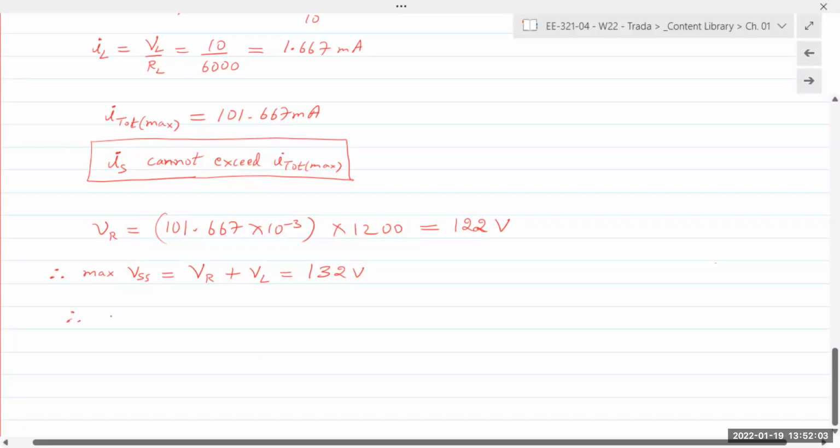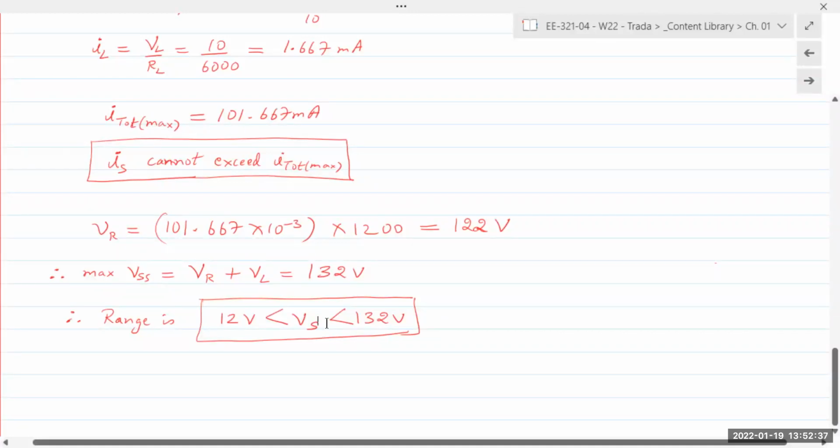So the VS range, supply voltage, can range from 12 to 132 volts.